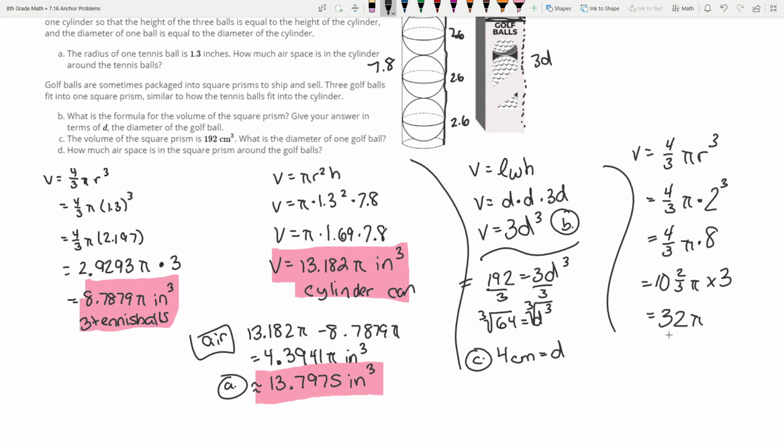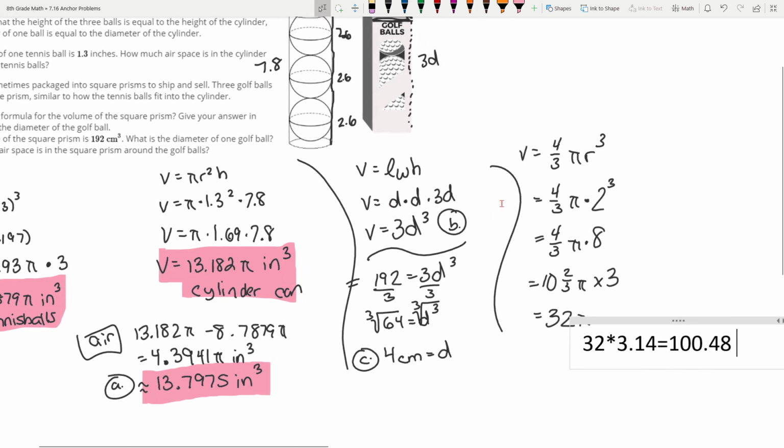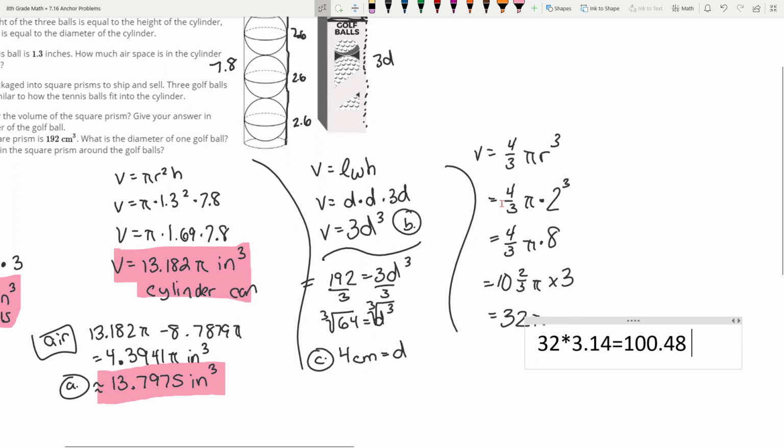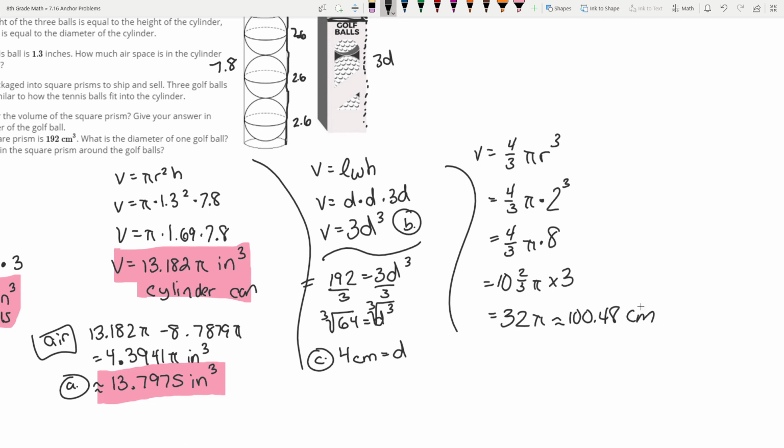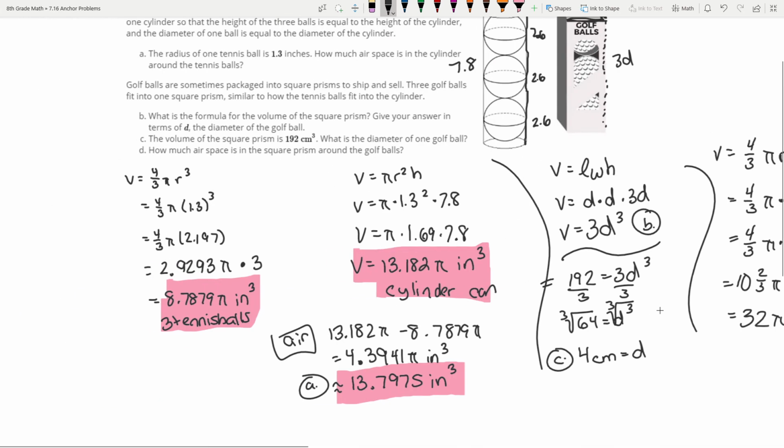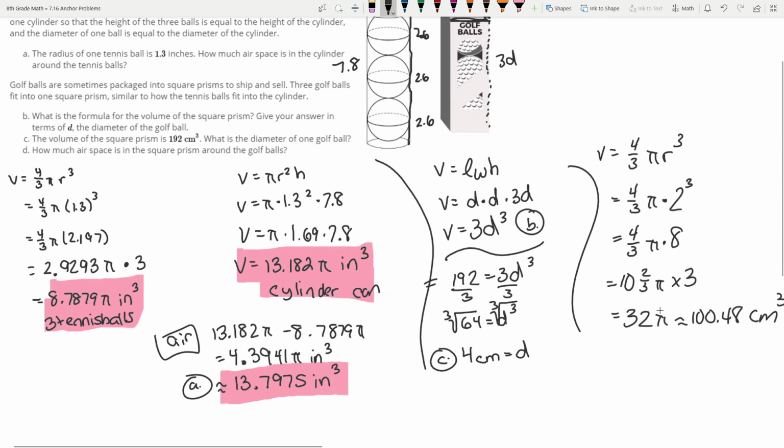Now, we knew the volume of the square prism was 192, so it would be probably helpful here to just take 32 and multiply it by 3.14. And when we do that, we get 100.48. And so this is really 100 and 48 hundredths cubic centimeters. And so that's the volume of the three balls.